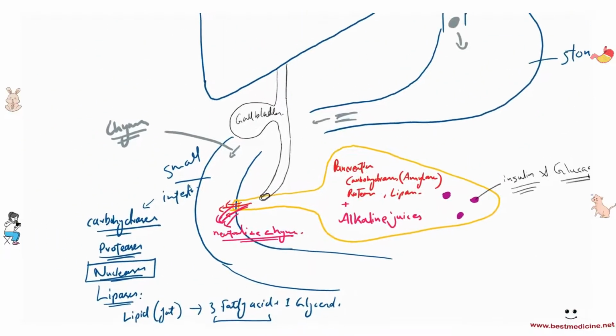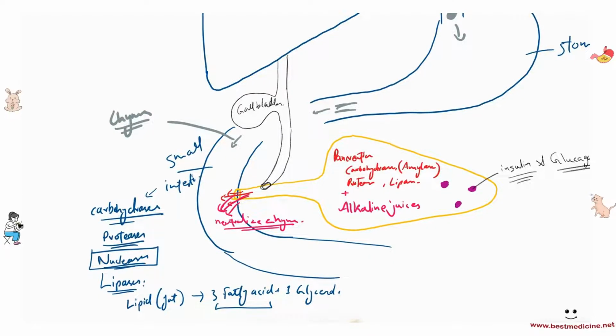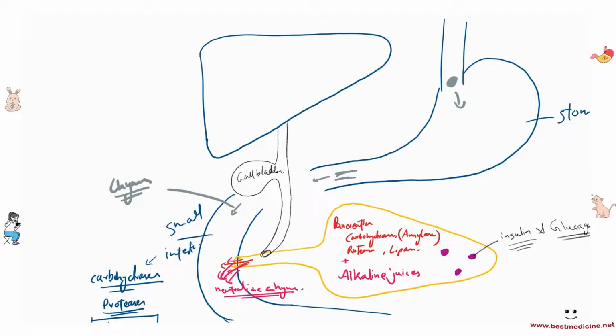What about the gallbladder and liver? The liver, which is here, makes bile. One of the functions of the liver is that it makes bile. What does bile do? Bile helps emulsify fats, so that they can be better digested by lipases.